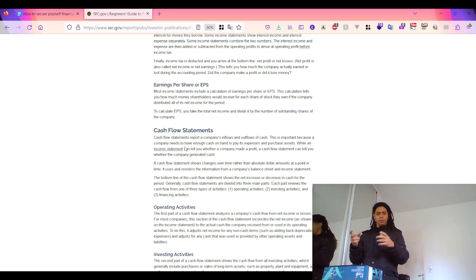It reviews the information from the balance sheet and the income statement, and the bottom line of this statement shows the net increase or decrease in cash, something that I'm going to apply by using an accounting software called Zoho. So I need to know my cash flow and how much money I have, all right?